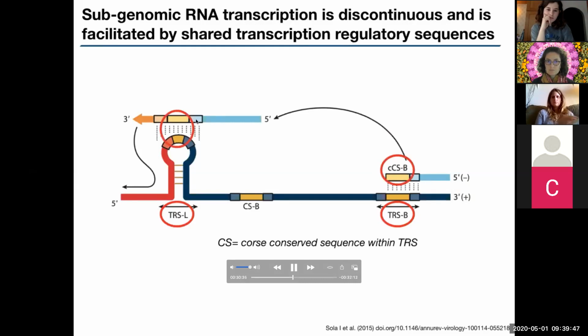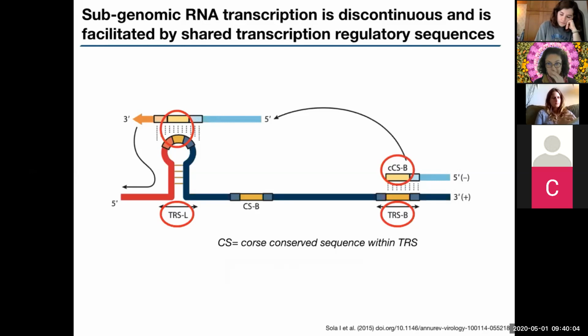Once the polymerase gets to these TRSs and copies this core sequence, it can either continue to copy, or it will jump from that sequence, probably through a long-range RNA-RNA interaction, and base pair with the same core sequence that is part of the TRS at the 5' end of the genomic RNA just downstream of the leader, and then the polymerase will continue to transcribe, thereby capturing the leader sequence.